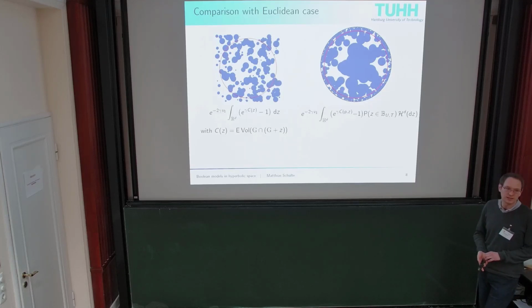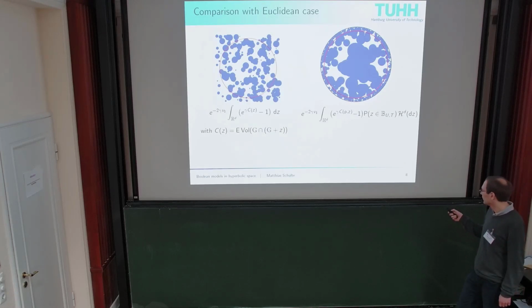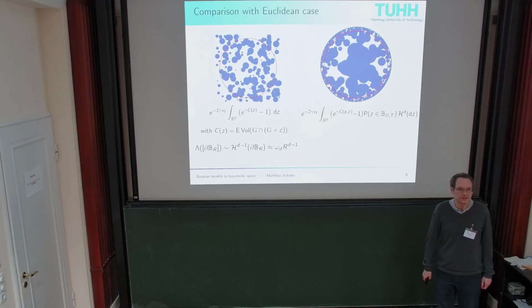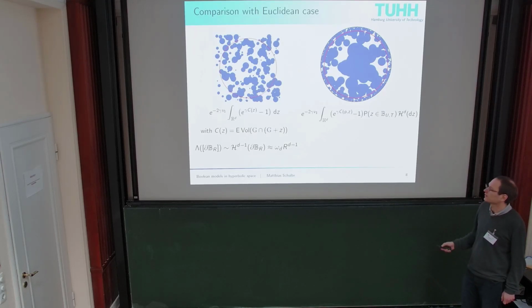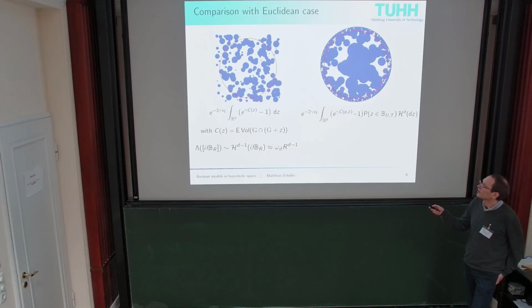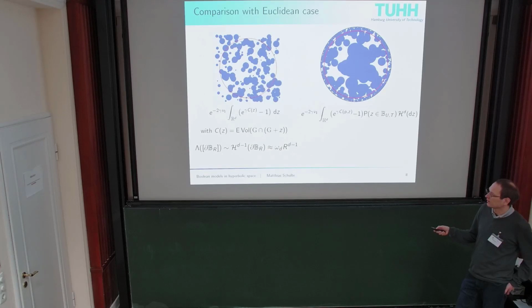And now let me try to give you a brief explanation why we get this probability here. The reason is that this additional probability comes from boundary effects. So let us start first with the Euclidean case. And here we are interested in the intensity measure of all particles intersecting the boundary of our observation window.